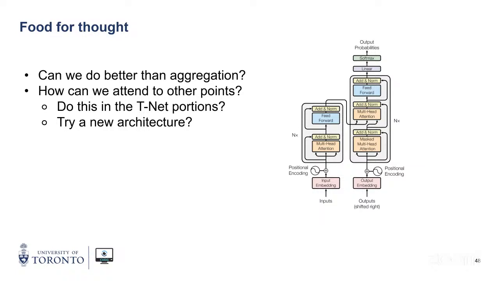Another thing we can ask is, how do we attend to other points? If I'm doing something like segmentation and I want to classify a certain point, I don't want to just have local information for this point, but I want local information with, say, the 10 closest points or something, to be able to say what this is. Maybe if we want very fine-grained segmentation. So maybe we can use something like attention. What's very interesting about attention is that, as we talked about before, softmax is actually permutation equivariant.